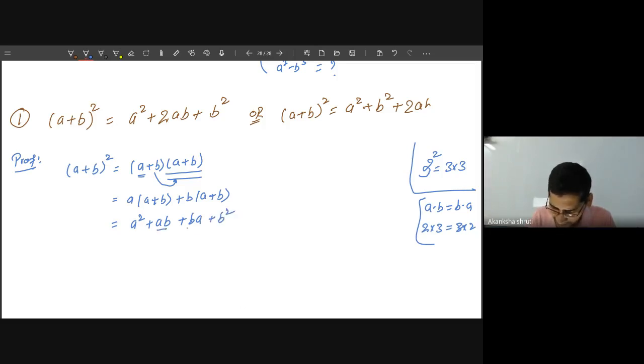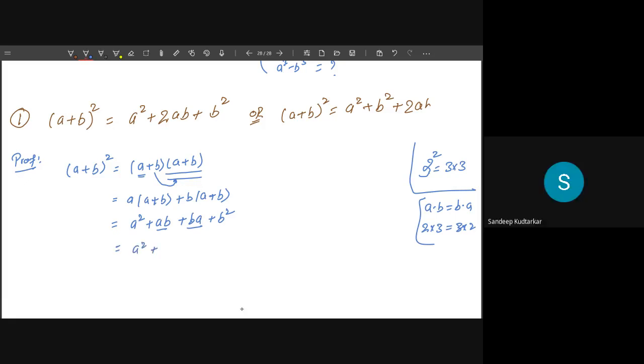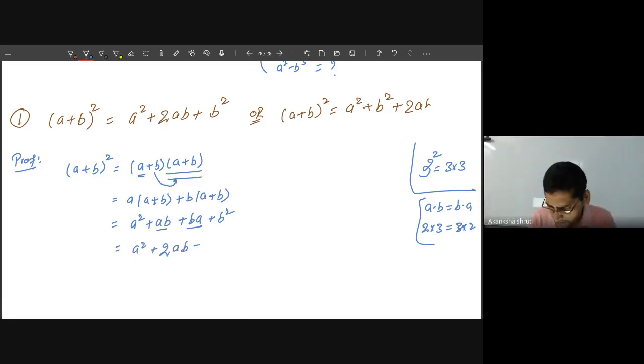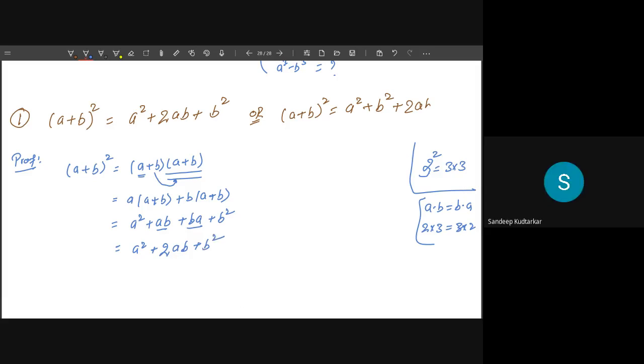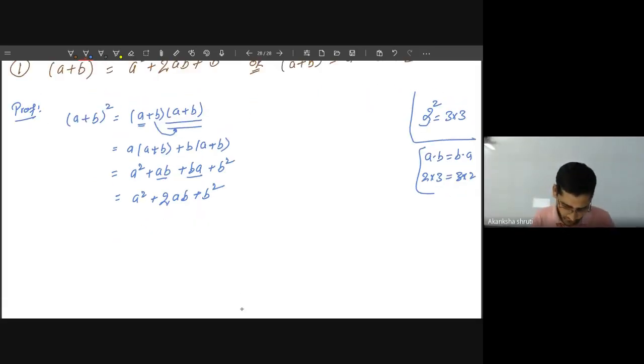So these two are like terms, ab and ba, so ab plus ab becomes 2ab. It is so simple. So this can be written as a square plus 2ab plus b square. So this way we have proved. Therefore, (a plus b) whole square can be written as a square plus 2ab plus b square.